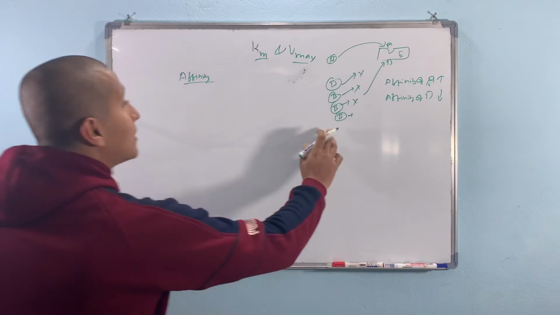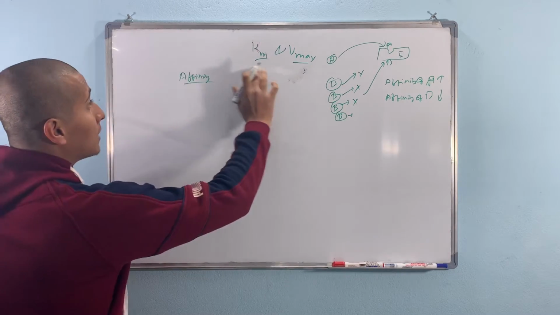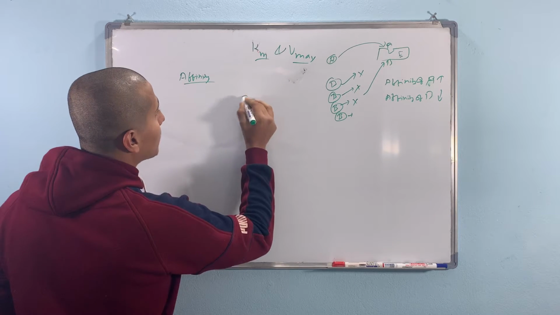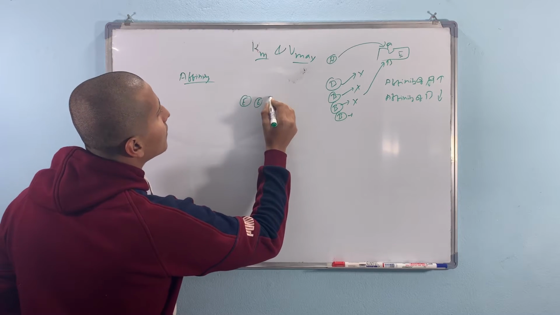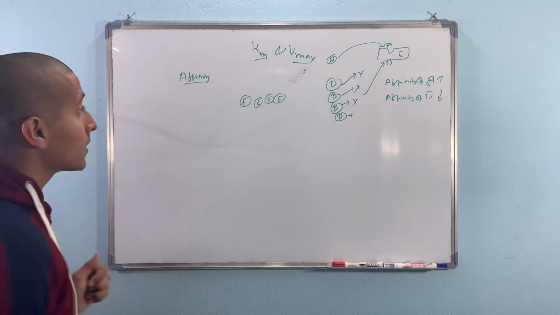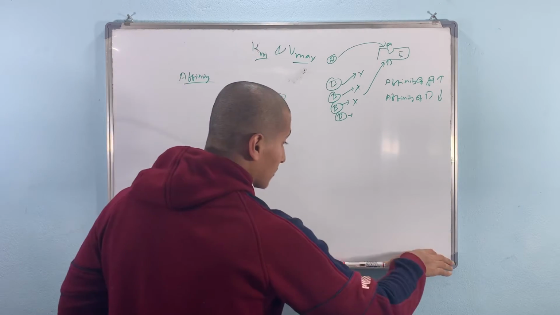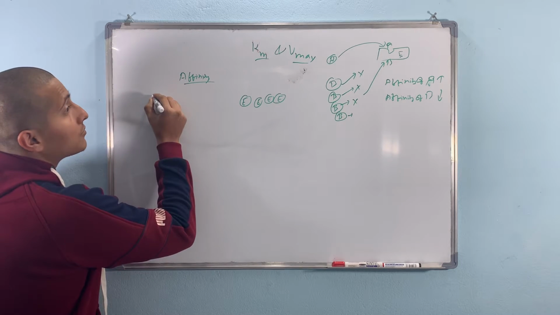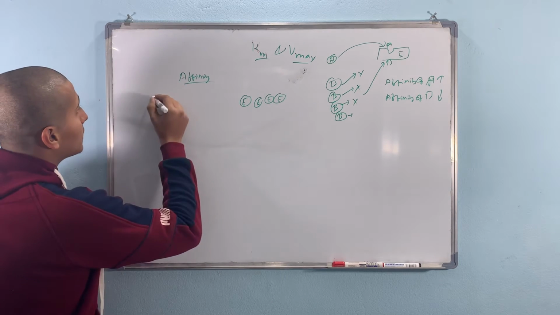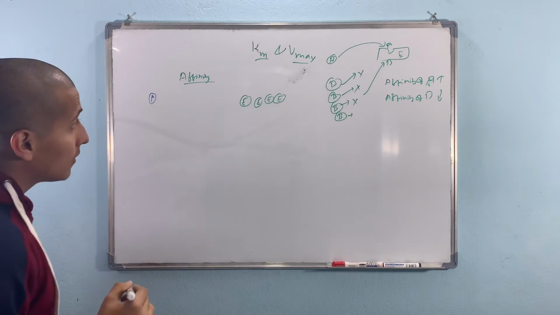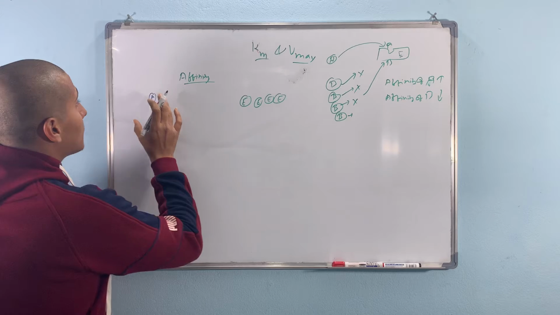So with this concept, let's get into the terms Vmax and Km. Suppose you have enzyme 1, 2, 3, and 4. You have 4 same kind of enzymes, and you have a drug A. Now you give this drug.